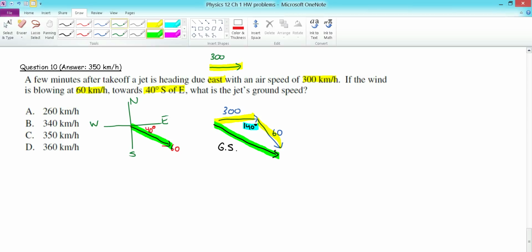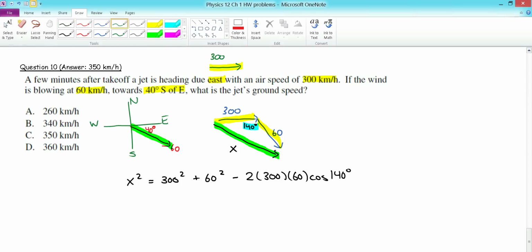All right, so basically there is a rule from your Math 10 course, we want to use the cosine law. And let me just replace GS with the letter x, just for convenience. So in order to solve this problem using the cosine law, we would write down x squared equals 300 squared plus 60 squared minus 2 times 300 times 60 times cos of the angle, which is 140 degrees.